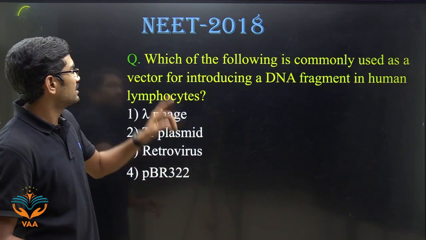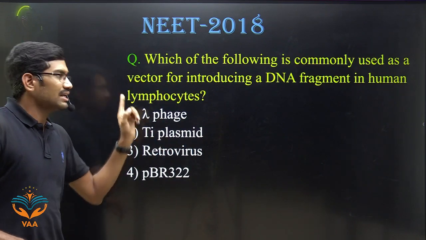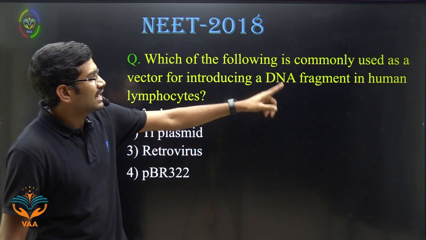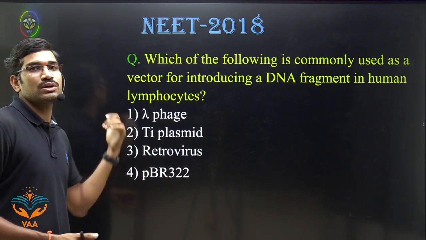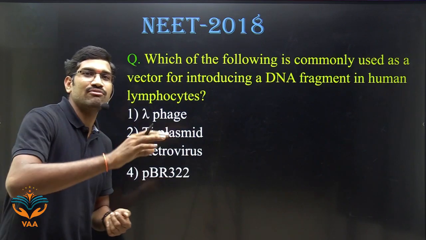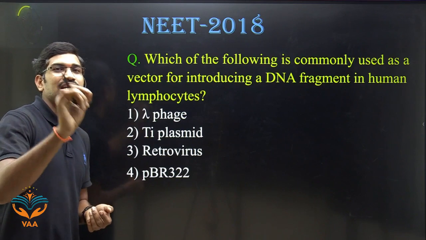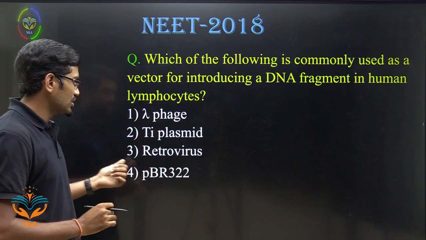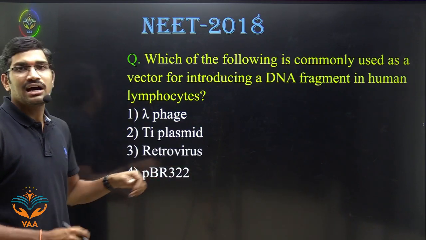Okay. Next one. Which of the following is commonly used as a vector for introducing a DNA fragment in human lymphocytes? This is with respect to the gene therapy, whatever we have studied. There into the human lymphocytes, the normal gene for adenosine deaminase is introduced with the help of retroviral vector. So that's why the answer is option 3.